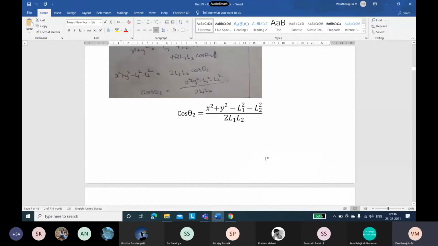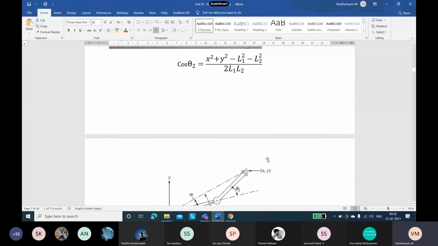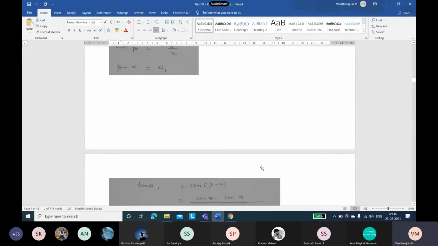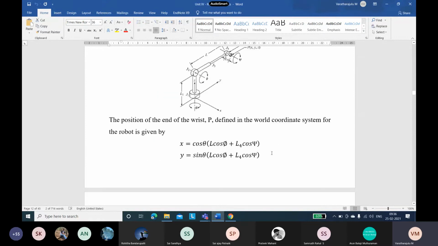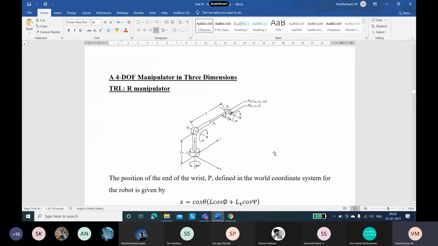Then we have seen the orientation of three-dimensional degrees of freedom, the forward transformation of a three-dimensional degrees of freedom arm, and then a 4 degrees of freedom manipulator in 3 dimensions.